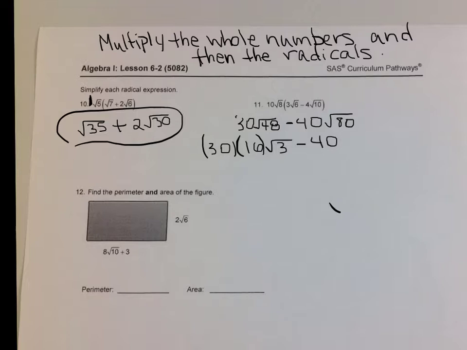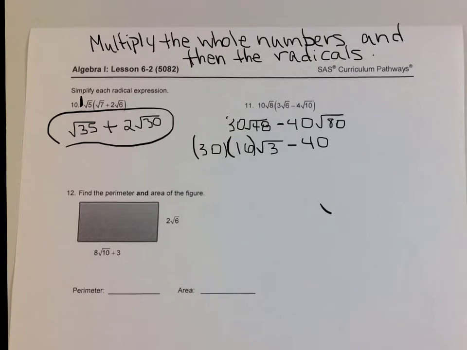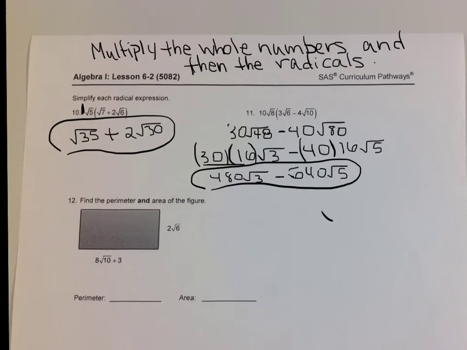Is there a perfect square to pull out for 80? Which is going to be 16. And that's as far as you can go.